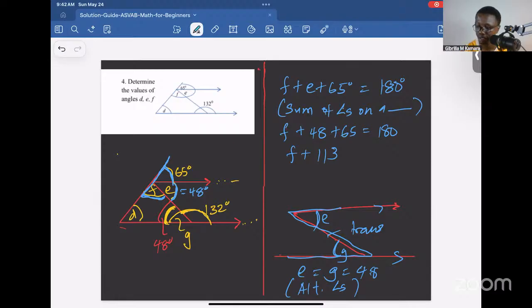Okay. Everything here is equals to 180 degrees. But we need F. So say minus 113, minus 113.